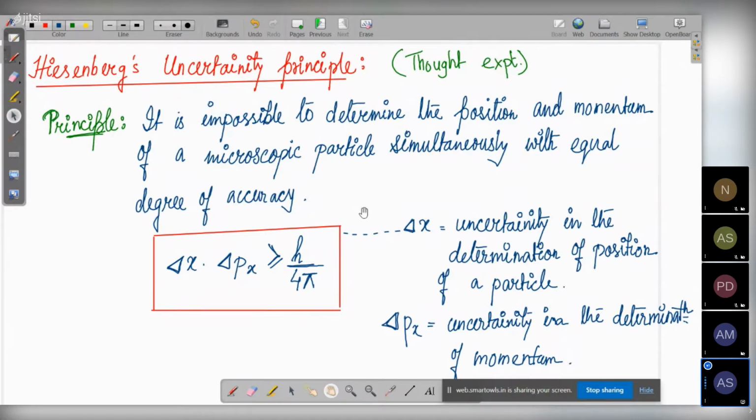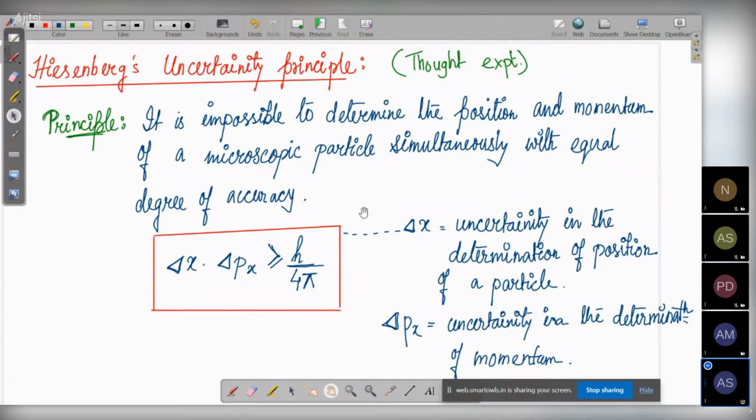Now let us try to understand it in brief. See, till now what did Bohr theory do? Bohr had actually calculated the radius of the orbit. That means he had actually calculated the position of the electron, and Bohr had also calculated the energy. That means Bohr has calculated the momentum of that particle. So Bohr's theory has actually done both the position as well as the momentum.